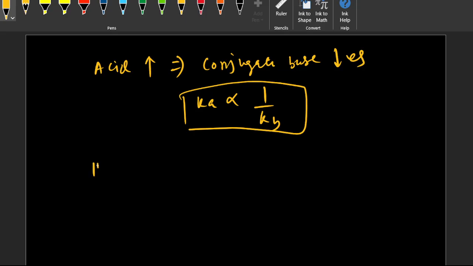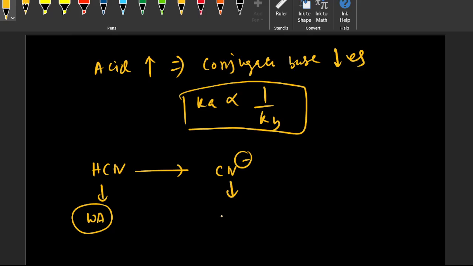So if I say HCN, this is a weak acid. For this acid the conjugate base is CN minus. This will be the strong base, because if the Ka value of this acid is less, then the conjugate of this acid will be more.